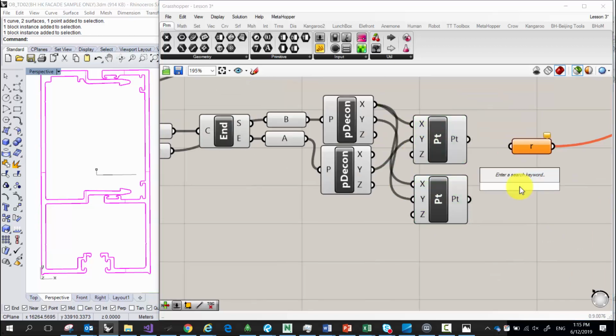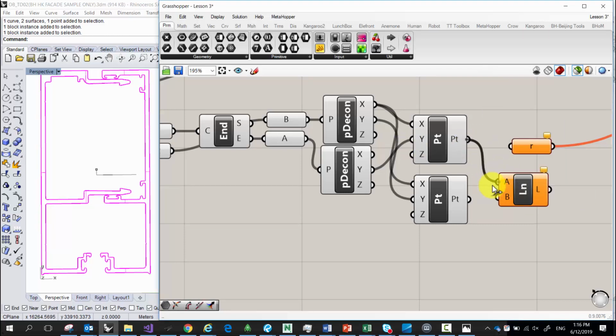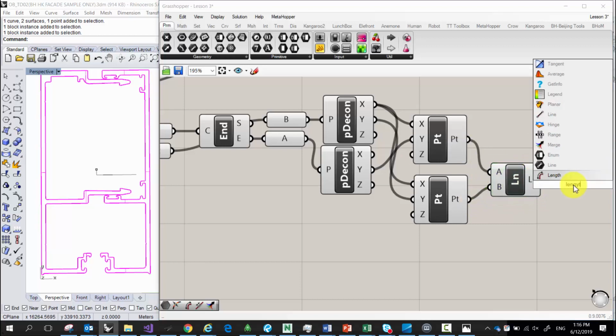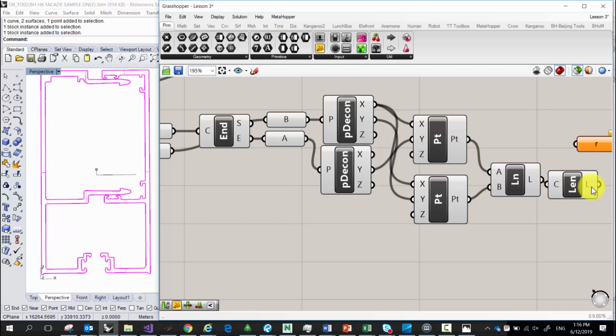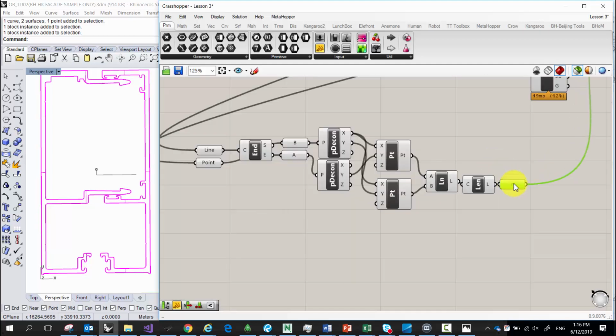So the line that connects those two, and if I get its length, is 3 units, whatever we're working in.